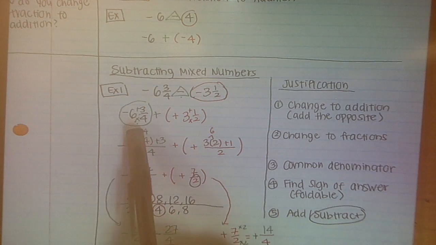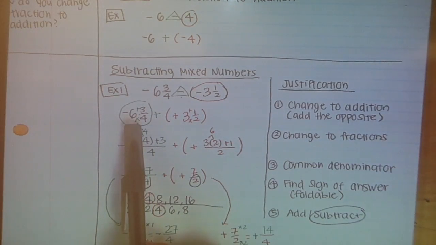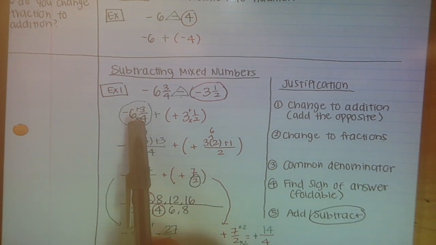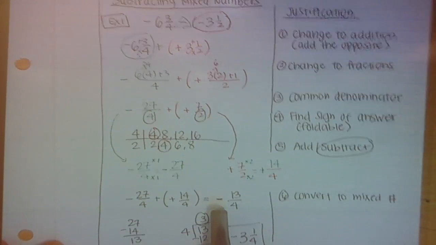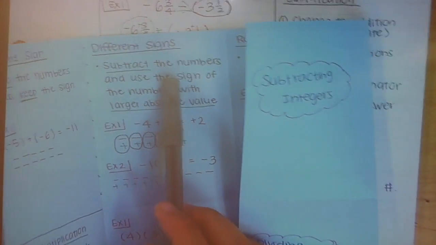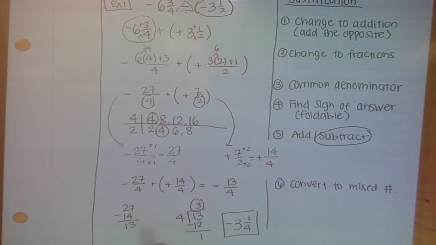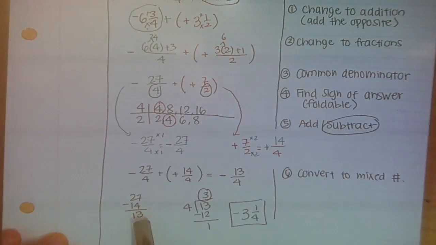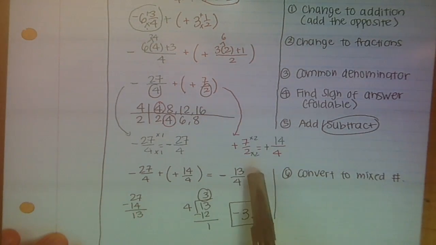So I know that negative 6 3/4 is further away from 0, so I'm going to take the sign of this number because it has a larger absolute value. So my answer is going to be something negative. And then my foldable tells me to subtract the numbers because they have different signs. So I take 27 minus 14 gives me 13, and the denominator stays the same.